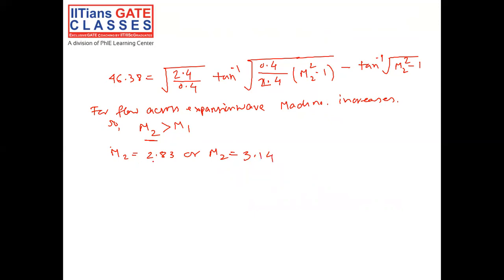Now if we substitute the value of M2 in the right hand side of this expression, we'll see that M2 of 2.83 actually satisfies this expression. That is, if we substitute M2 of 2.83 in the RHS of this equation, that will be equal to 46.38, which is the LHS.